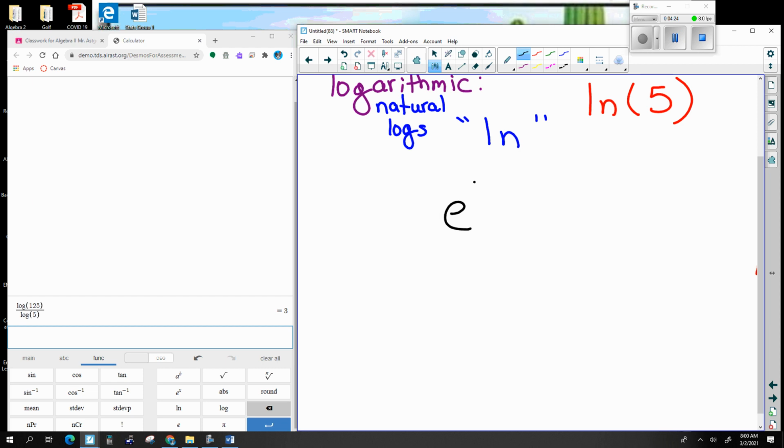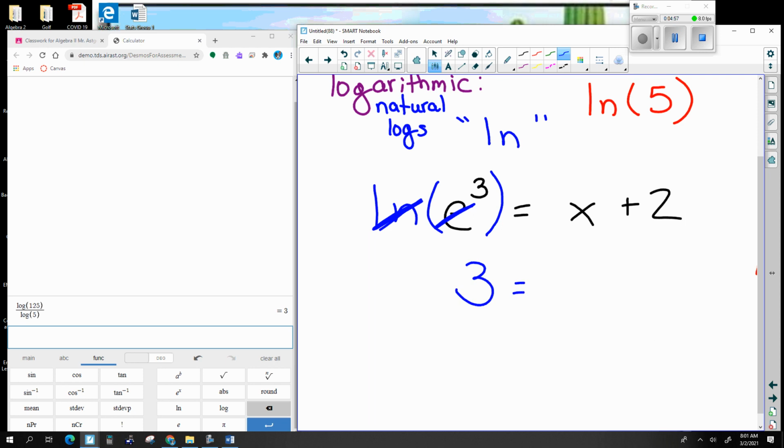So if I have e to the 3 is equal to x plus 2 or something like that, I can unwrite this. I know that to cancel out an e, I need to take a natural log of it. So I take a natural log of this e, and that undoes the e, and so that releases the exponent to be just a number 3. But whatever you do to one side, you do to the other. And so this would ultimately be equal to the ln of x plus 2.